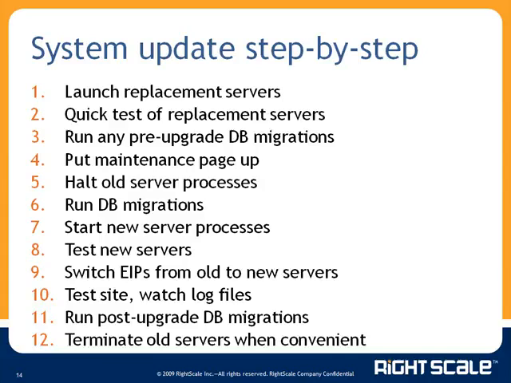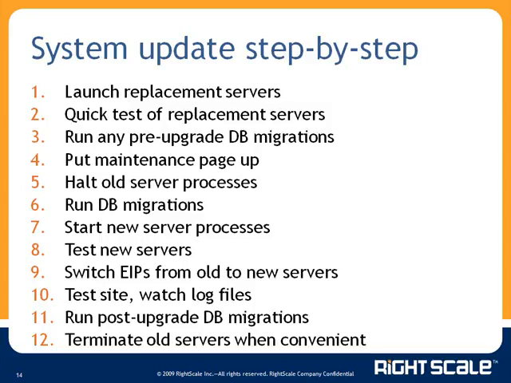So I just wanted to walk through the step-by-step here. This is pretty much the checklist we use ourselves. And with a major upgrade, we have many more servers than just the 4. There's really a number of people on a call walking through and handling different parts of the system, different types of servers. But it really goes through launching the replacement servers, giving them a quick test to make sure they launch properly.